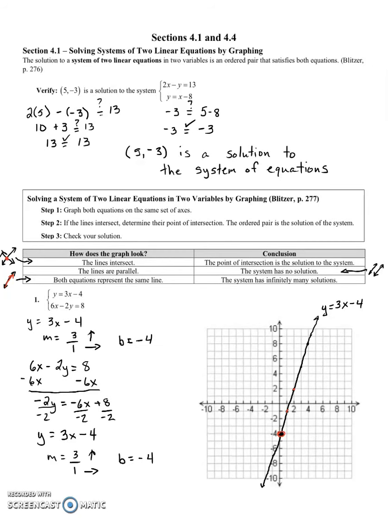So hopefully what you're noticing is that the points are the same, and indeed our line is exactly the same. So the red one is 6x minus 2y equals 8. You can also see, I hope, that they're the same line, because after we got the second one in slope-intercept form, the equation was exactly the same.